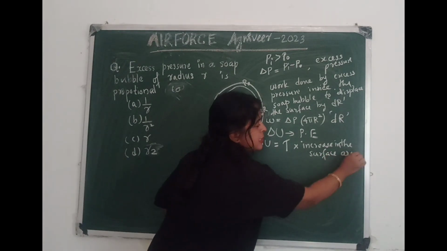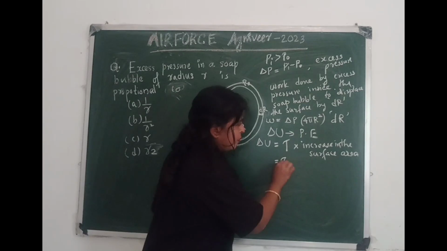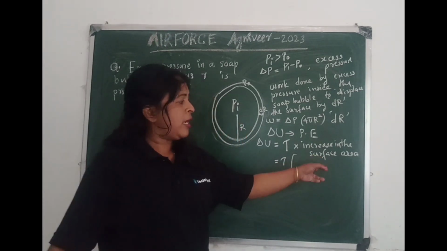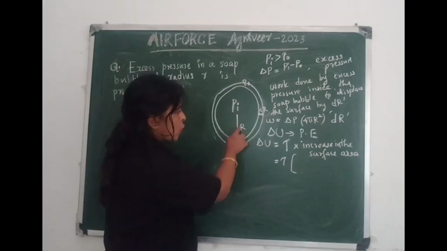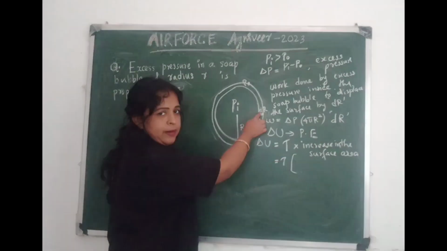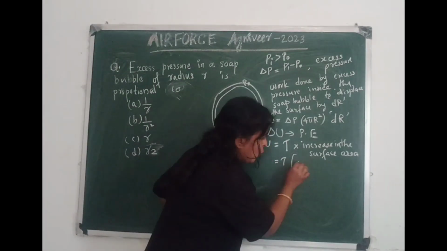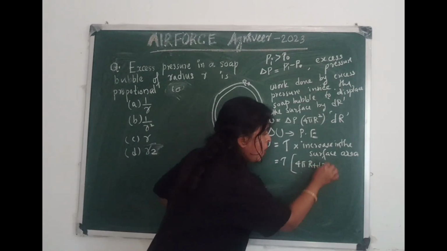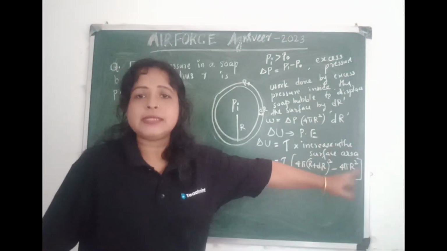What are the initial and final surface areas of the bubble? The final radius is r plus dr, initially it is only r. Therefore, T into 4 pi (r plus dr) whole square minus 4 pi r square, the final area minus initial area.